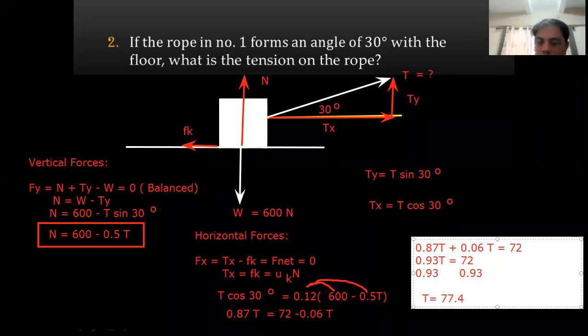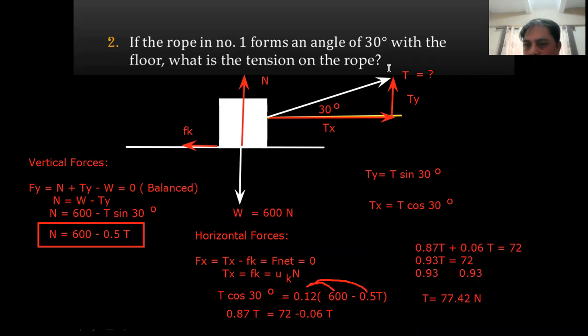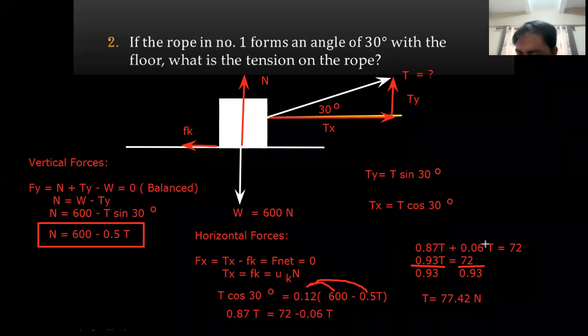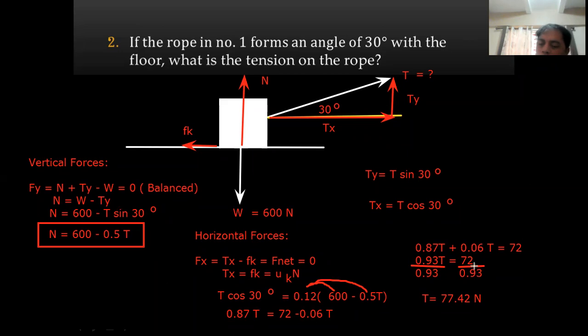Okay, so we have 77.42 Newton. When we combine 0.87 with 0.06, we end up with 0.93, and what is left on the right side is only 72. Dividing both sides by 0.93 eliminates the decimal number.